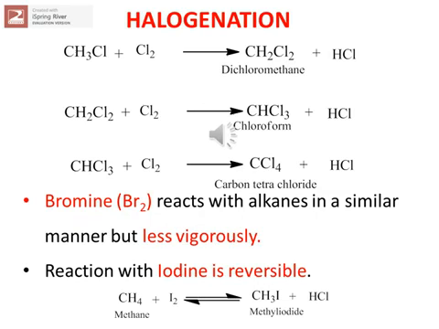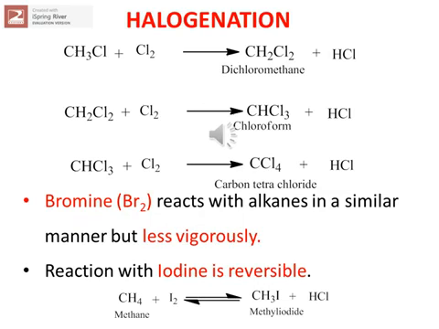The reaction does not stop at the dichloromethane stage if chlorine is used in excess quantity. Dichloromethane reacts again with chlorine and forms chloroform and hydrochloric acid. The chloroform then again reacts with chlorine, and in this way all four hydrogen atoms of the methane are substituted with four chlorine atoms, forming carbon tetrachloride and hydrochloric acid.